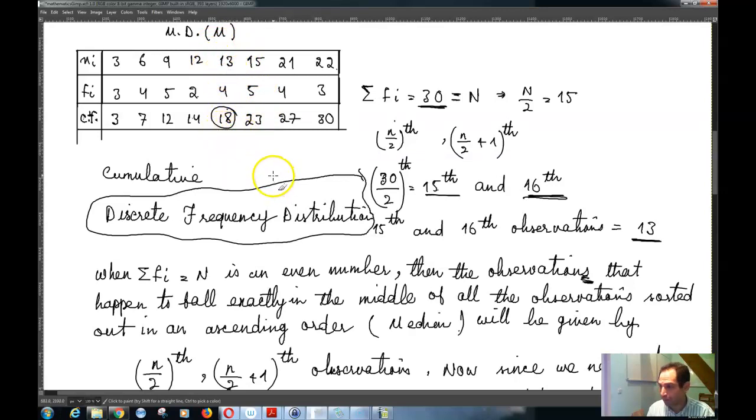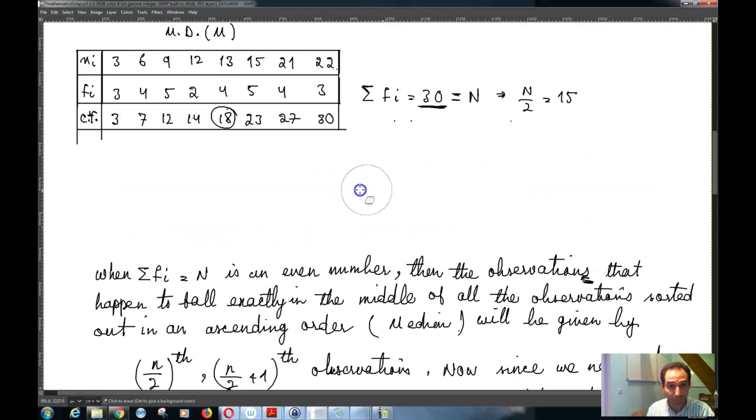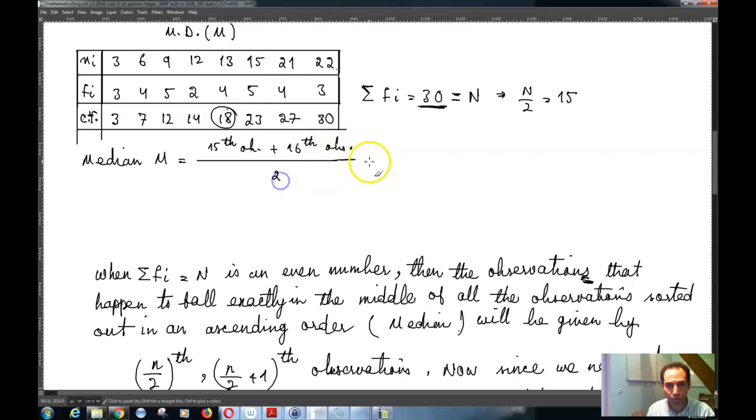Therefore the median, denoted by m, is equal to the 15th observation plus the 16th observation divided by 2, which is equal to 13 plus 13 divided by 2, which is equal to 26 divided by 2, which is equal to 13. And that is the median of your data.